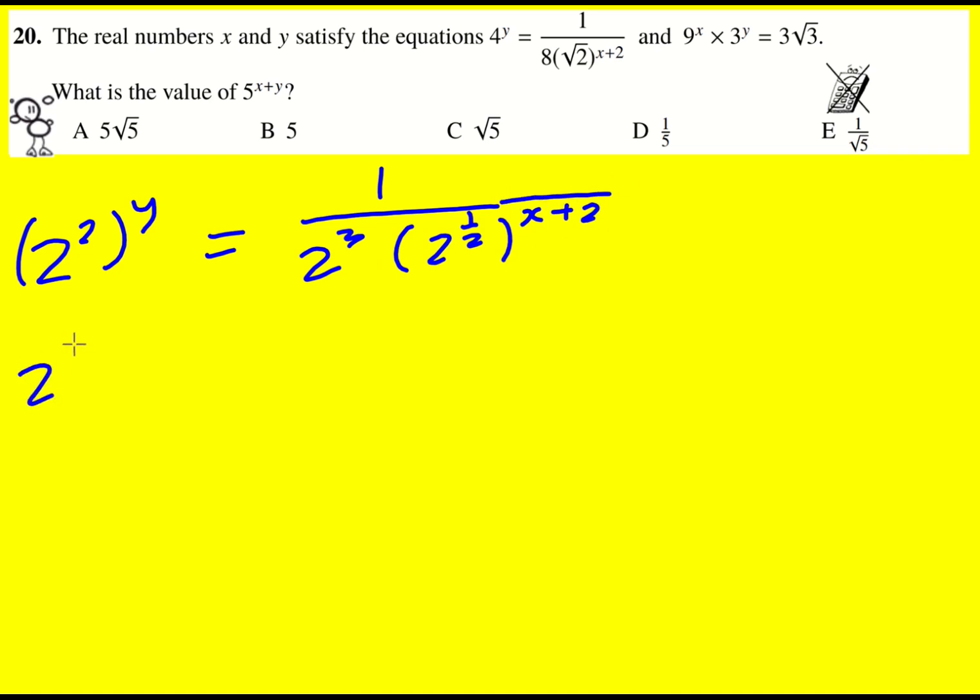I can then write 2 to the 2y is equal to 1 over 2 to the 3 times 2 to the half x plus 1.